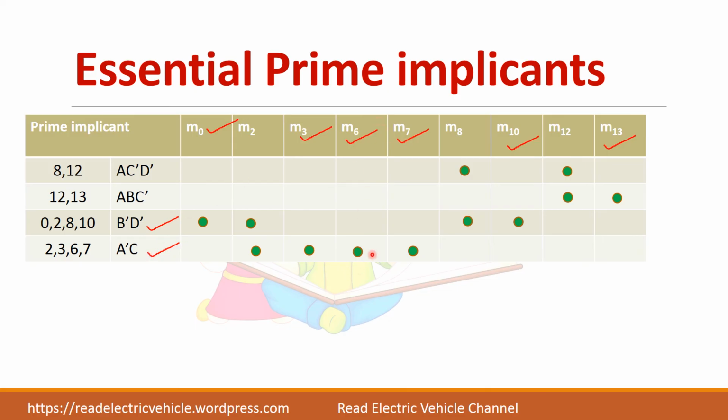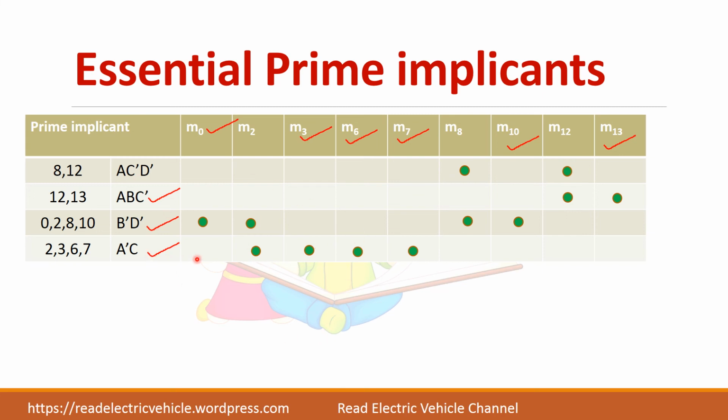For M6 it is already included, M7 already included, M10 already included, and M13, so just include this one also. Okay, so first step is you are identifying the one dot columns, then for corresponding prime implicant you are putting a tick mark.